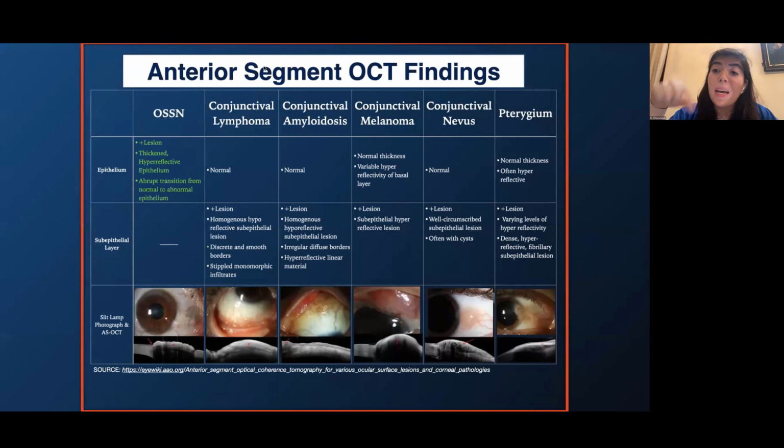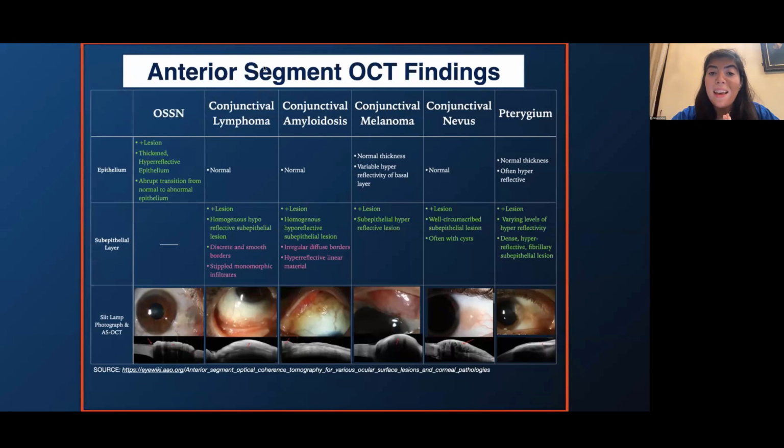And it's always helpful to look at various cuts in your anterior segment OCT. The differential of the imaged lesion can be narrowed based on whether it's epithelial or subepithelial.